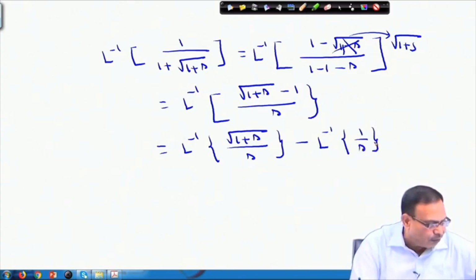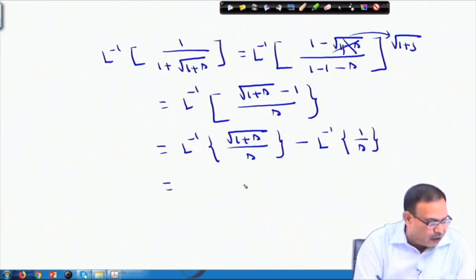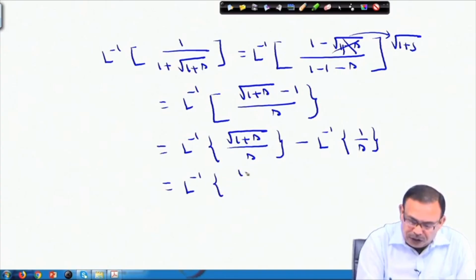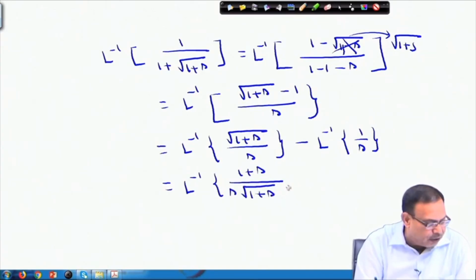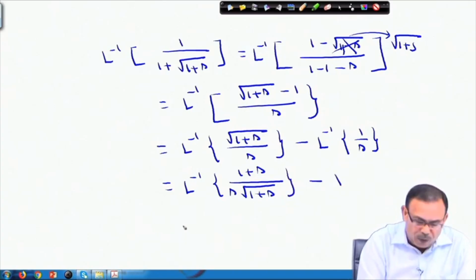And I can simply write it as the Laplace inverse of 1 plus s by s into root 1 plus s, minus 1.